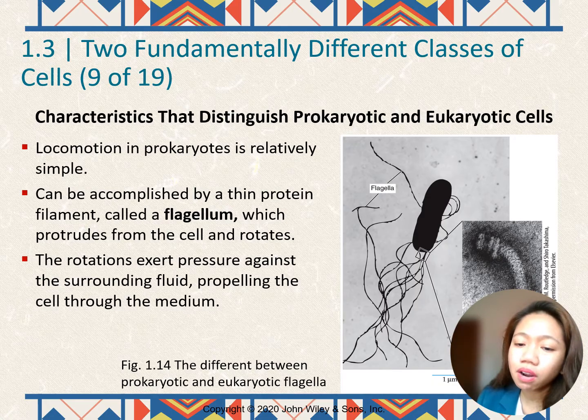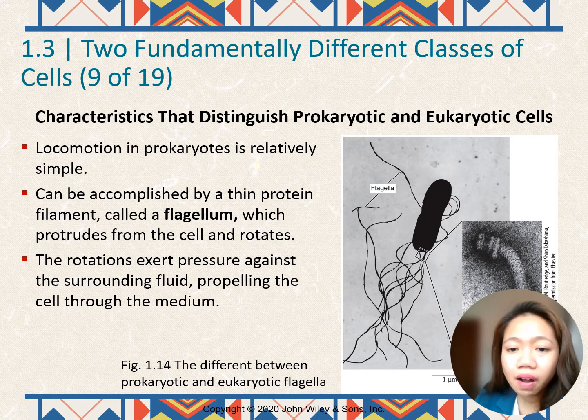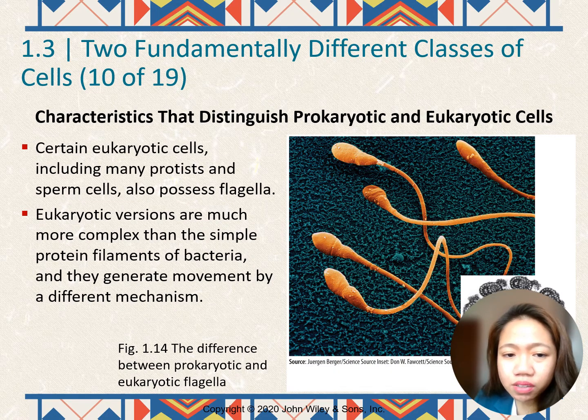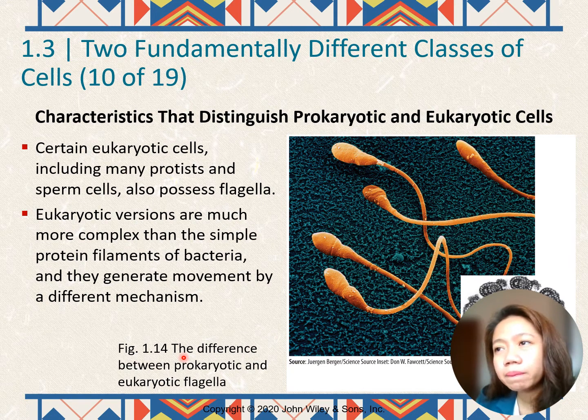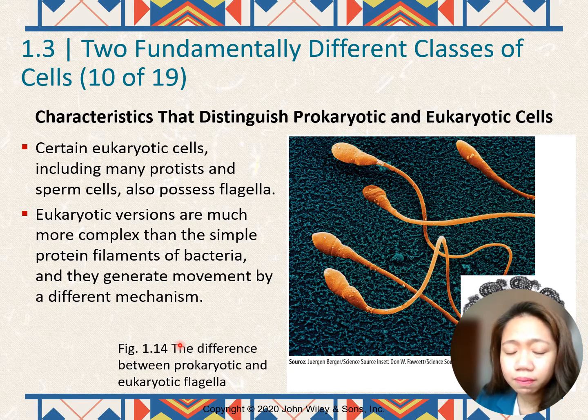Since prokaryotes are all single-celled, that would be enough for them to move around. In comparison, eukaryotes would need multiple microtubules in order to create one flagellum, like here in the sperm cell shown in the picture.